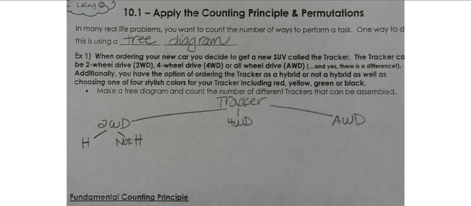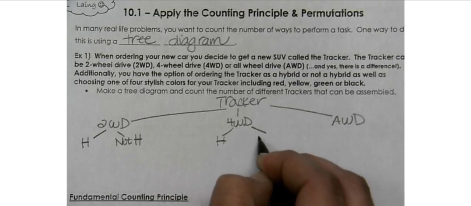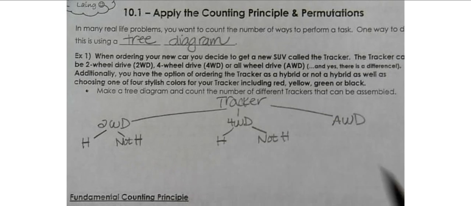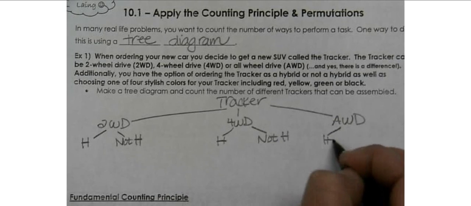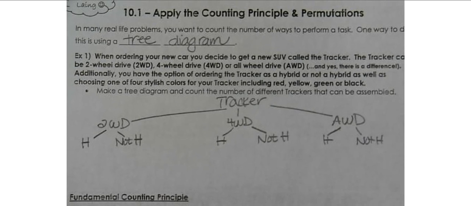And that's a possibility if you get the two-wheel drive, the four-wheel drive, or the all-wheel drive. The next option you have is one of the colors, red, yellow, green, or black.